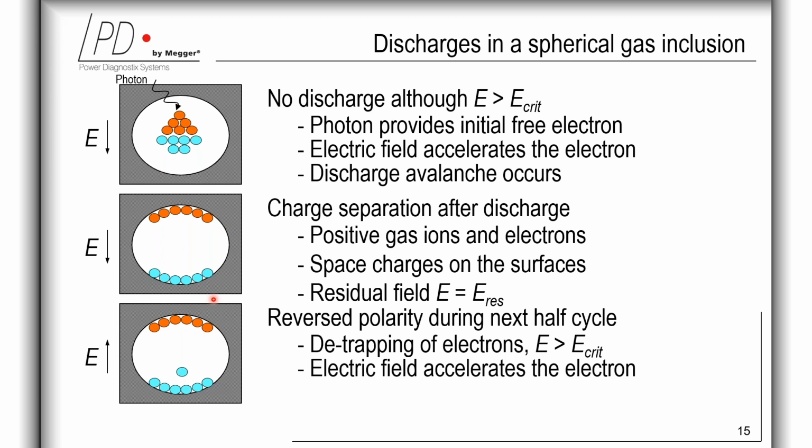And from now on, the internal electric field shows an offset, and that changes with every single discharge event. And upon the reversal of an external electric field, an electron attached to the surface then may be detrapped. And in this case, an electron avalanche occurs in the opposite polarity.